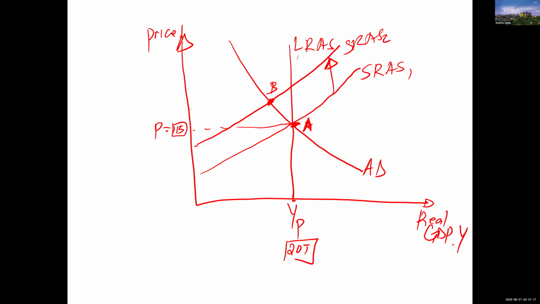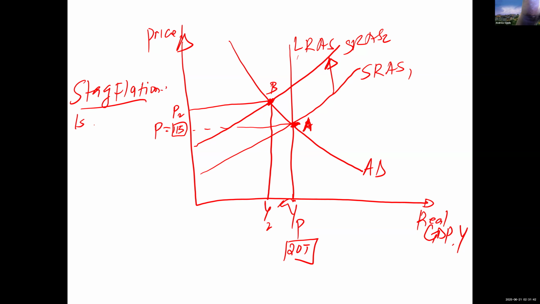What's the result of that? That is going to result in what we call stagflation. The price is going to rise to P2, and output is going to fall. And when output falls, remember, you end up with high unemployment. So a negative supply shock causes stagflation.